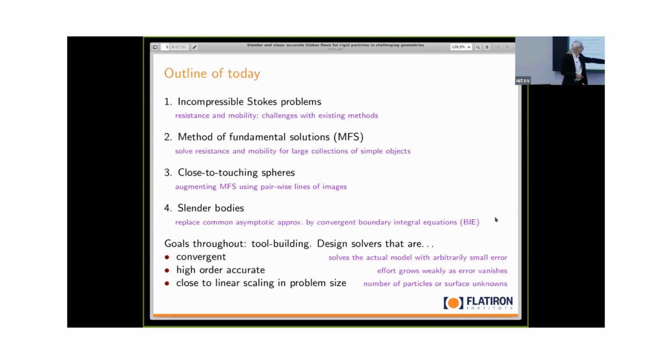It means you write down the model, the PDE model, and you can get arbitrarily small error in solving that model. That they're high order accurate. That means as you demand smaller errors, that doesn't require that much extra work to push the errors down towards 0. And then if the problem grows, like you have 1,000 particles or 10,000 particles, then that should only be 10 times larger computation, right? It scales linearly.